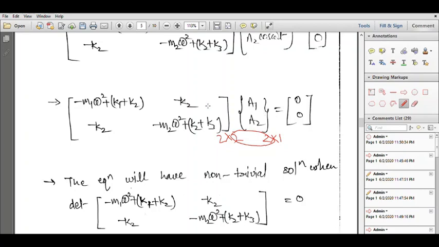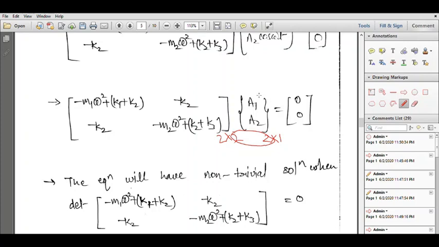What is the meaning of that? It means the determinant of any one of these two matrices is equal to 0.